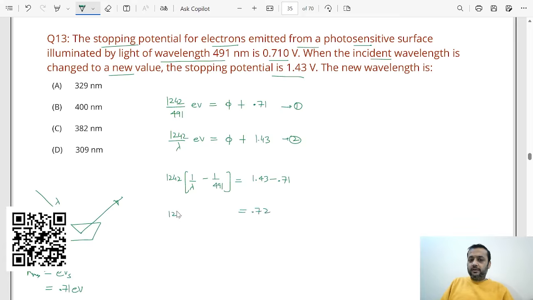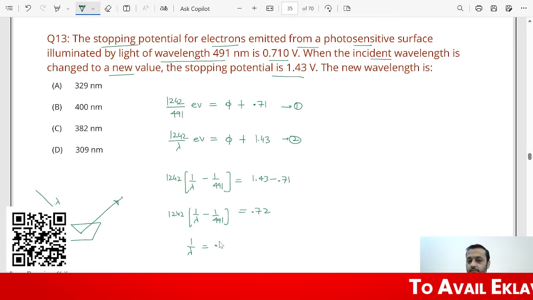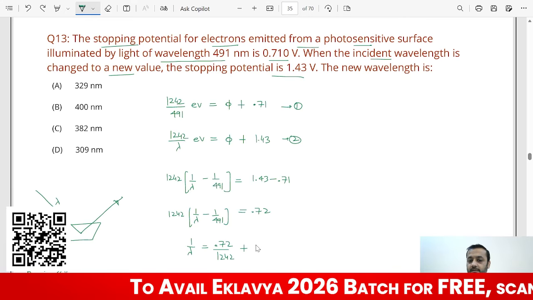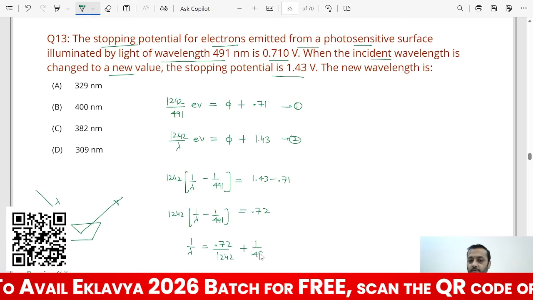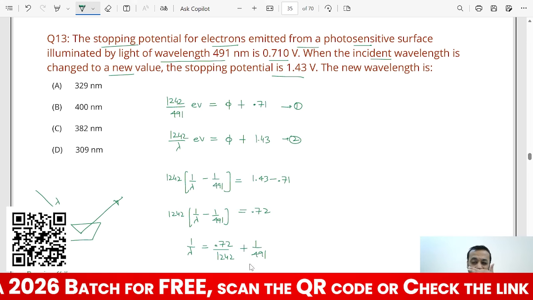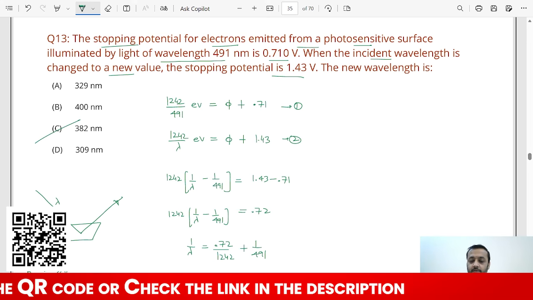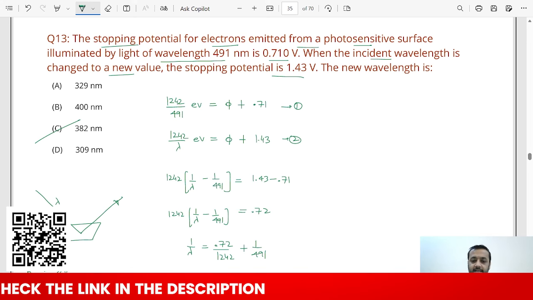So from here 1 by lambda becomes 0.72 upon 1242, plus 1 by 491, which you can bring towards the RHS. You can solve this, you will get directly the value of lambda in nanometers, and you will get option C as the correct answer. So you can do the calculation. You'll get option C as the correct answer.